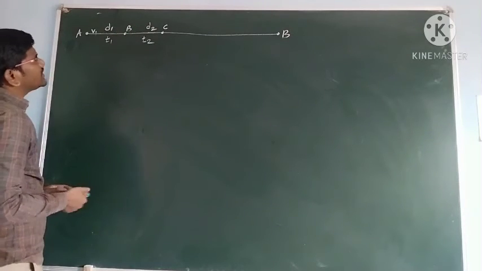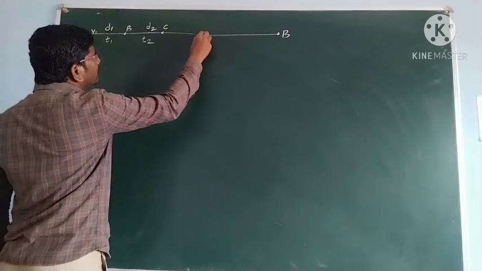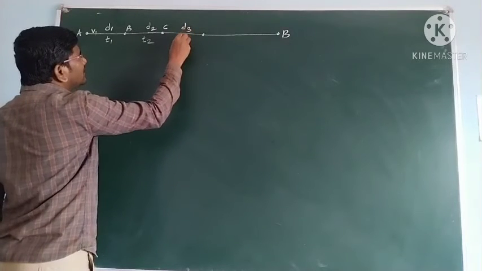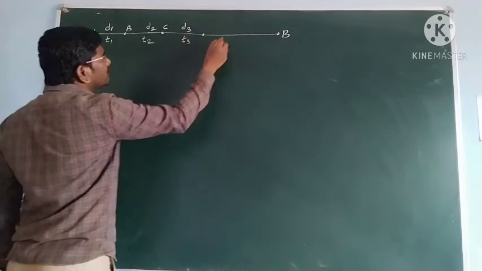Next, C to D, covered distance is D3, time is T3.